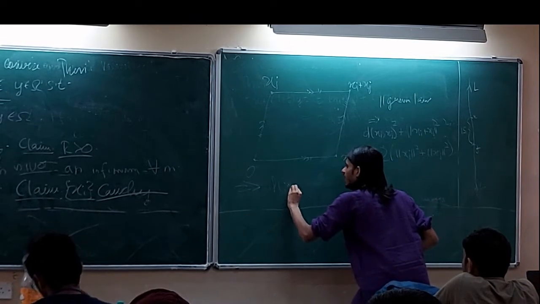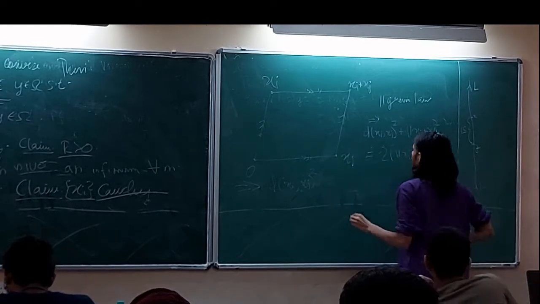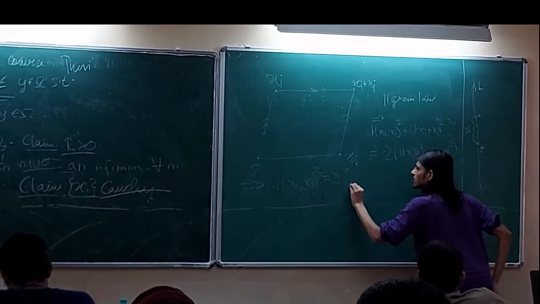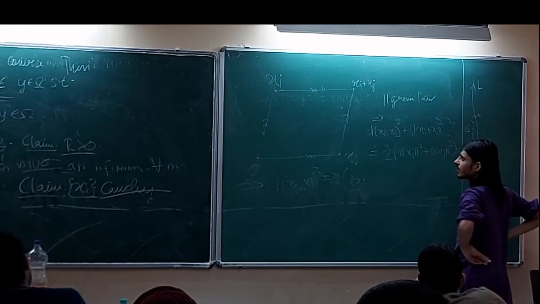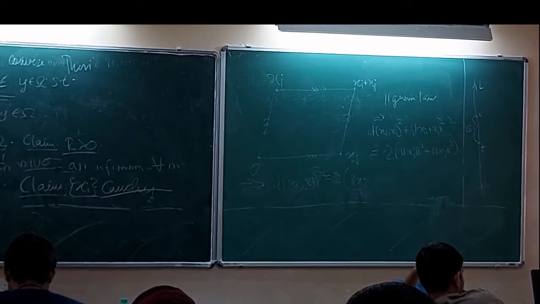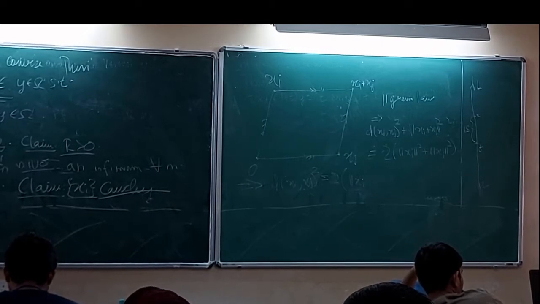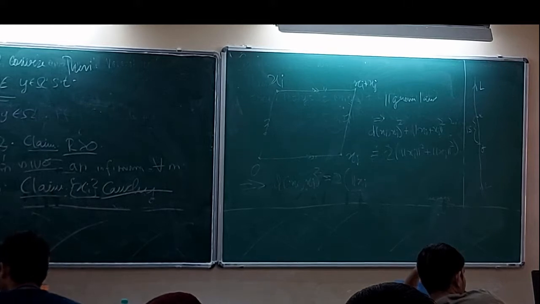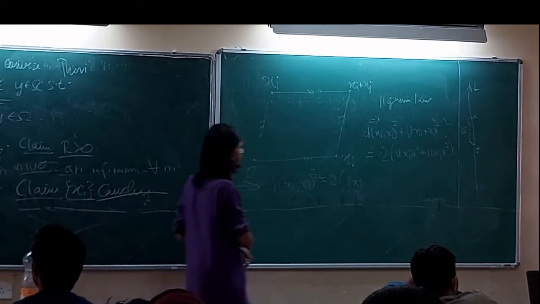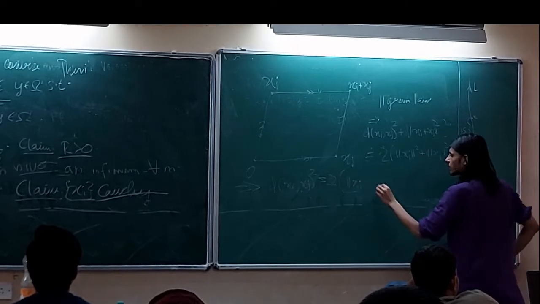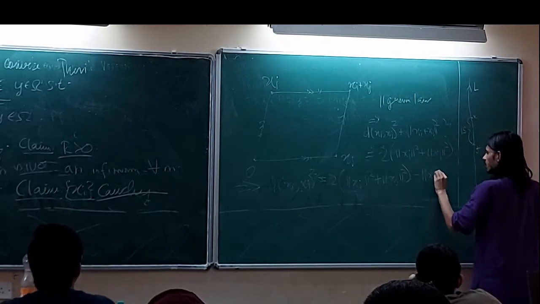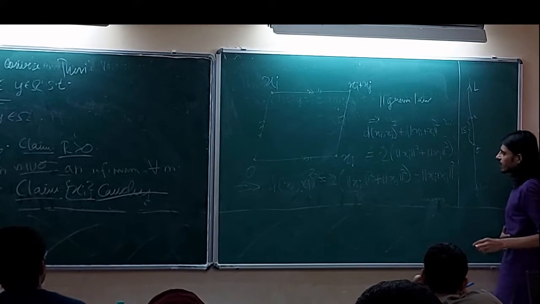So d of xi xj squared is equal to 2 times norm xi square plus norm xj square minus norm of xi plus xj the whole square. Right? This is how it works.